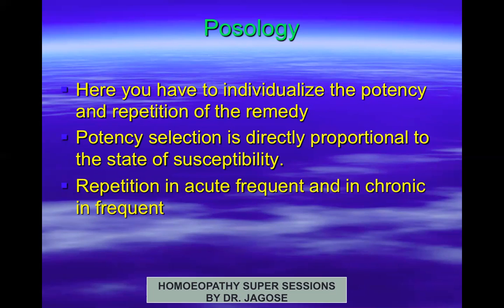That means if the susceptibility is high, give a high potency. If the susceptibility is low, give a low potency. How do we identify the state of susceptibility? I've already told you the 7 points. The summation of the 7 points has to be taken, and then you can identify the state of susceptibility and subsequently its potency. And repetition also should be done in an individualized manner.